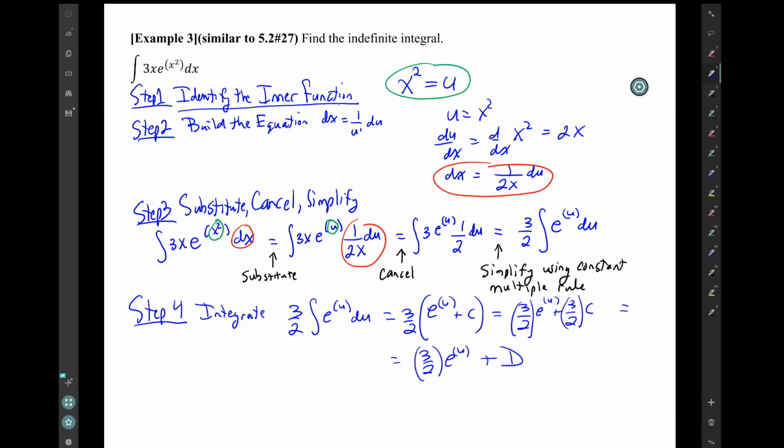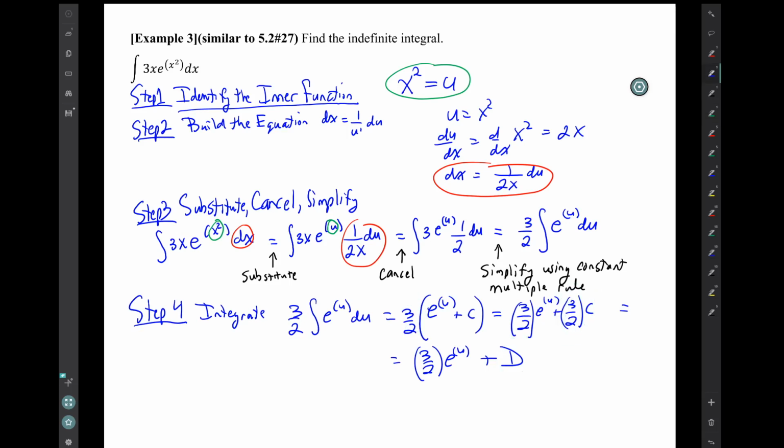We integrate e to the u, we get e to the u plus c. We end up having the same situation where we have a multiplicative constant that gets distributed two places. We end up with 3/2 times capital C, which is our constant of integration. That expression, circled there in green, can be any real number, so we can just replace it with the symbol d, which represents any real number. Finally, step 5 is to substitute back.